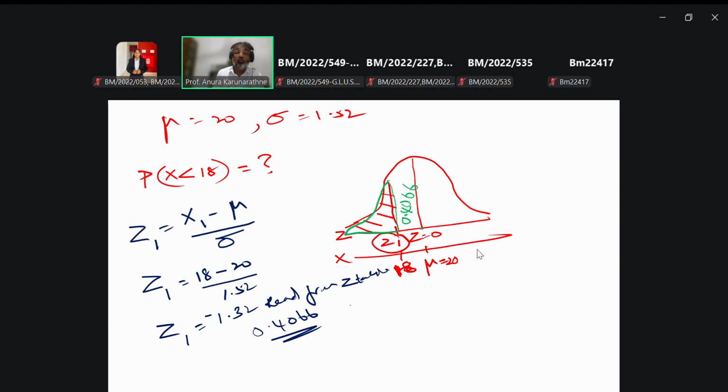So how to obtain this one? Your question is here, right?